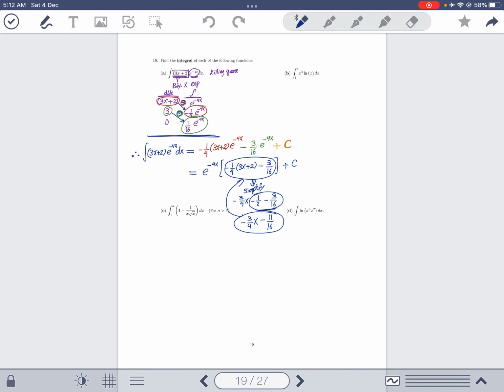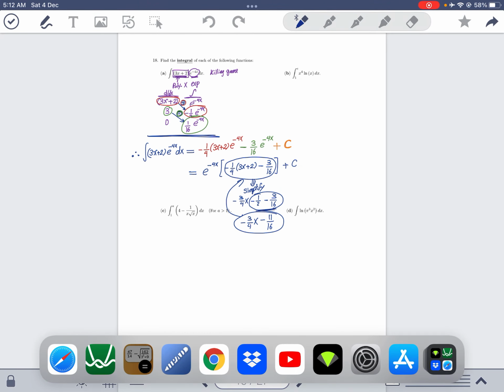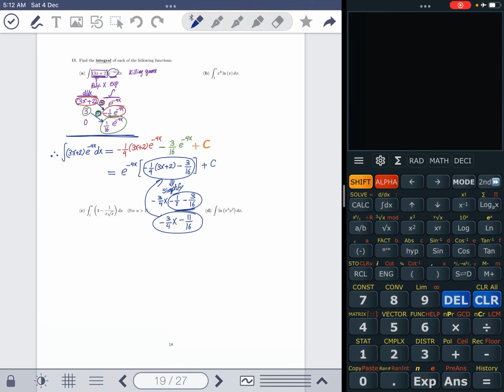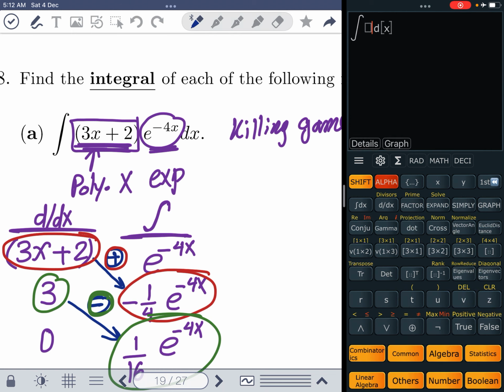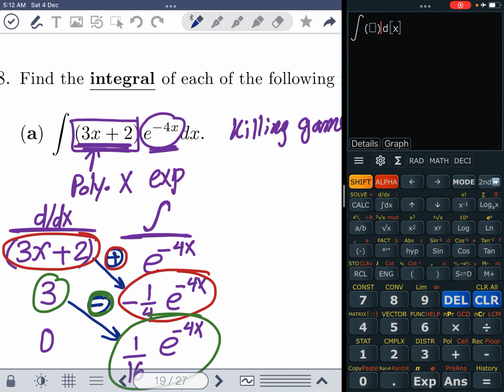Let's check that this answer is correct on the calculator. We will see how our calculator, for example, would write the answer to this question. So let's do the integral of something times e to the power negative 4x, and here I have 3x plus 2. 3x plus 2 equals.